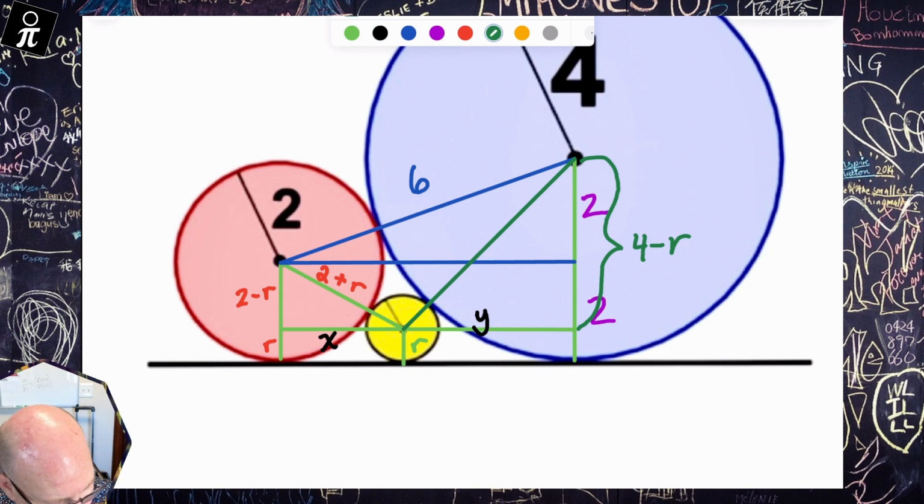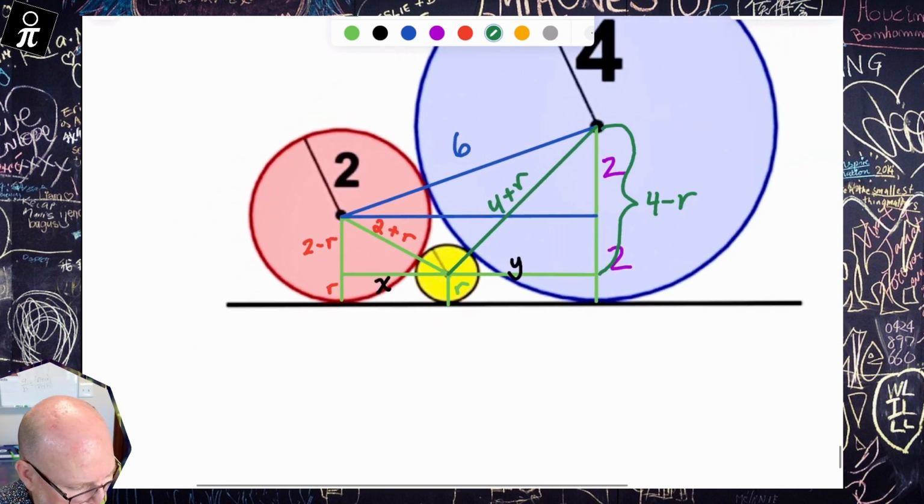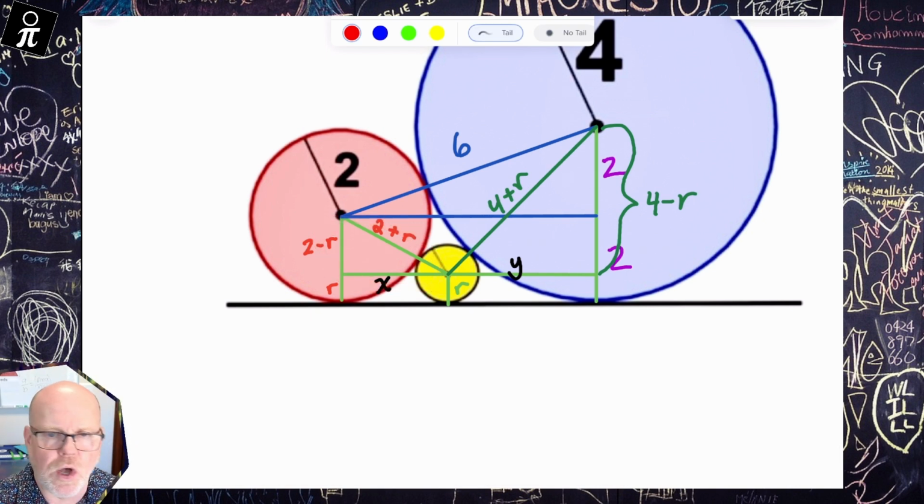So we've got a bunch of information. Let's see if we can put some of this together and figure it out. Let's dig into this triangle down here and solve for x.